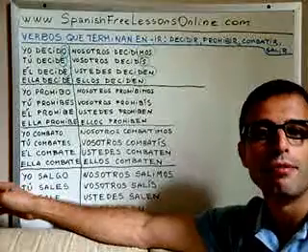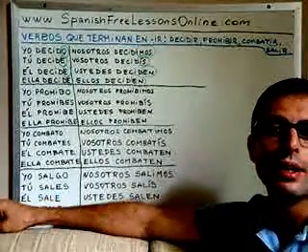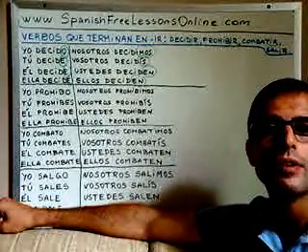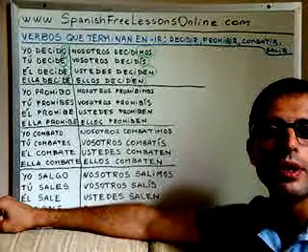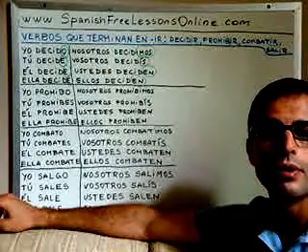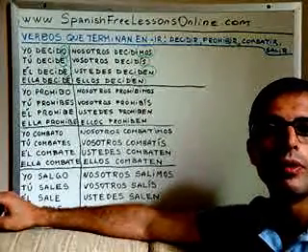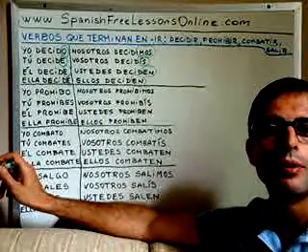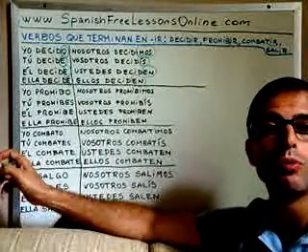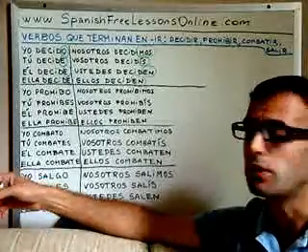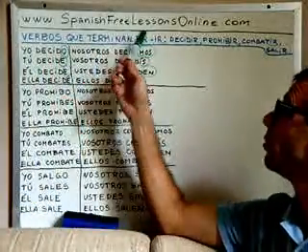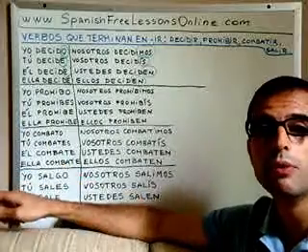This group of verbs that end with ir is the group that has more irregular verbs. Okay? With the previous groups finishing with ar and er, the regular verbs were the greatest majority. Here there is a whole lot of verbs ending with ir that will be irregular.